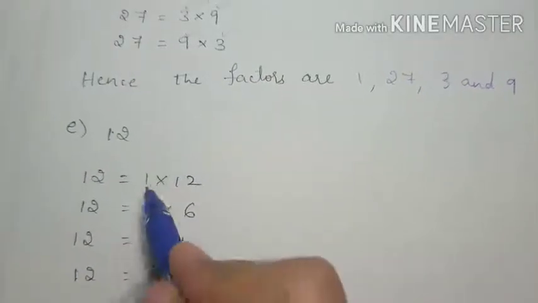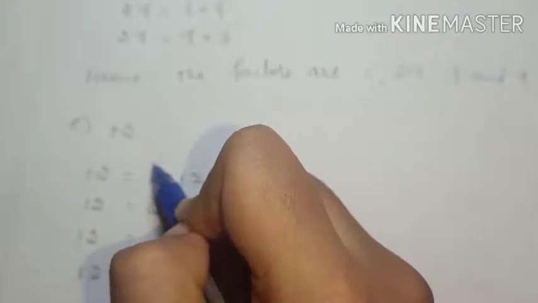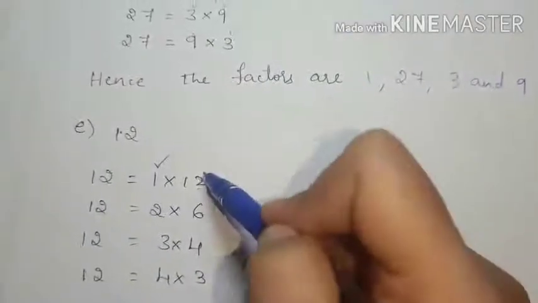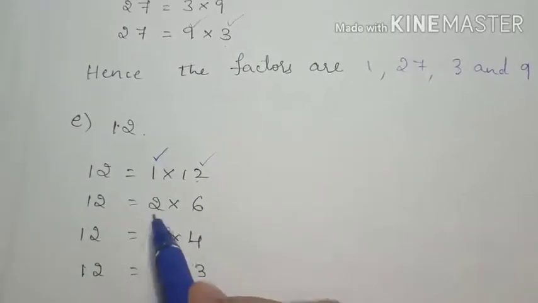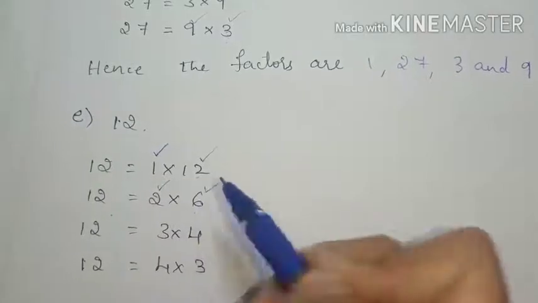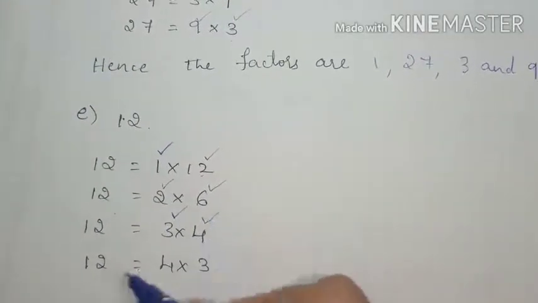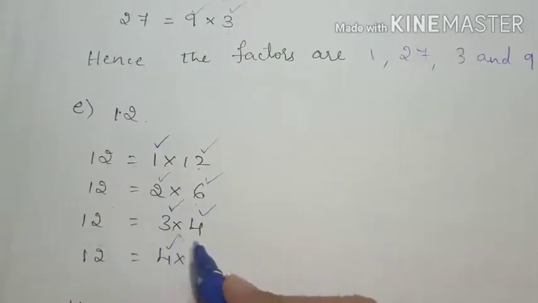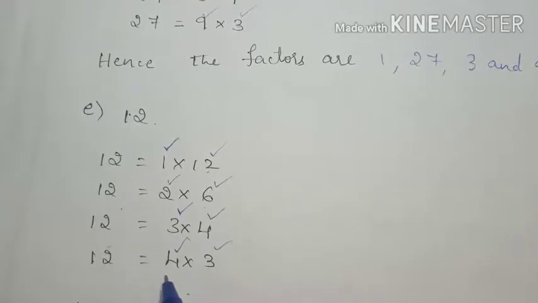Okay, see the question E. 12. 1 12s are 12, so 1 is always a factor of all the numbers, and the number itself, 12, is also a factor. 2 6s are 12, so 2 and 6 are the factors. 3 4s are 12, 3 and 4 are the factors. 4 3s are 12, hence these are the factors.